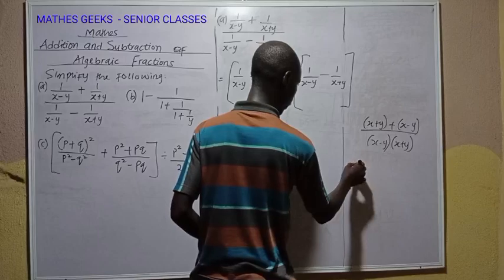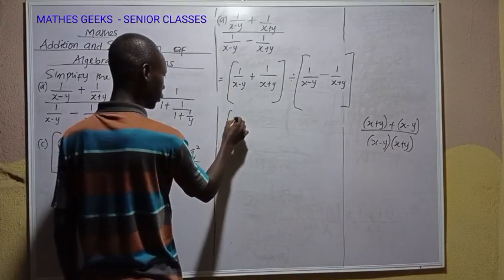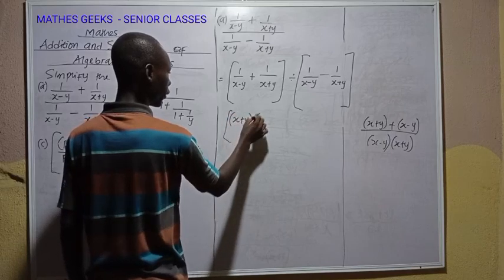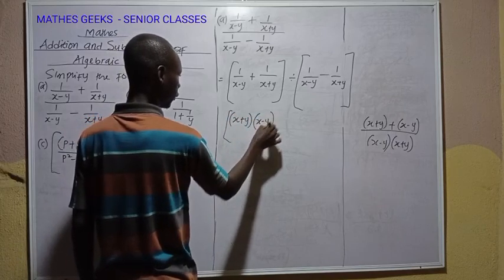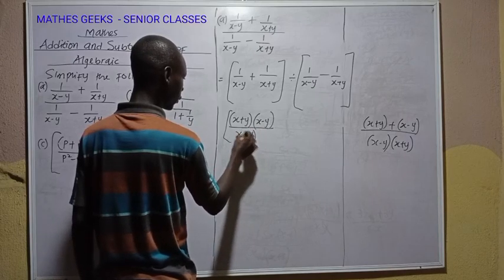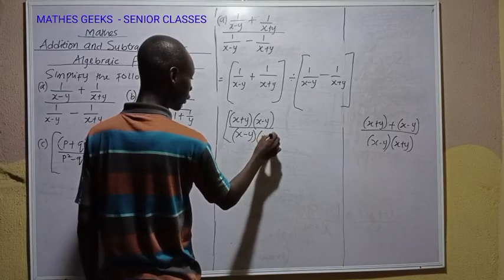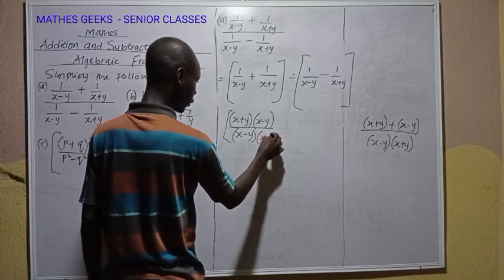So we open our bracket. So let's put it here. This is (x plus y) over (x minus y), plus (x plus y).